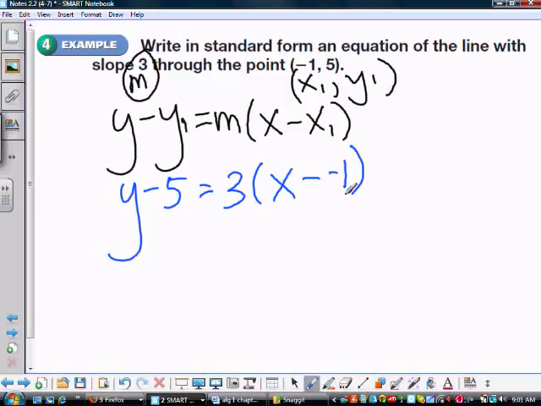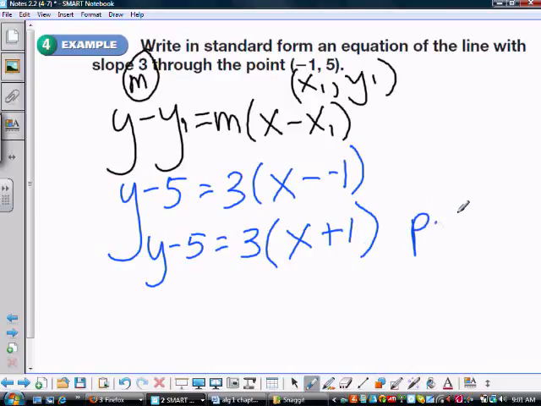Now I just want to clean that up a little bit. So I have y minus 5 equals 3 times x plus 1. Now that feels a little bit better. Now I can leave it in this form if I'm asked for point slope. So I'll abbreviate that point slope.